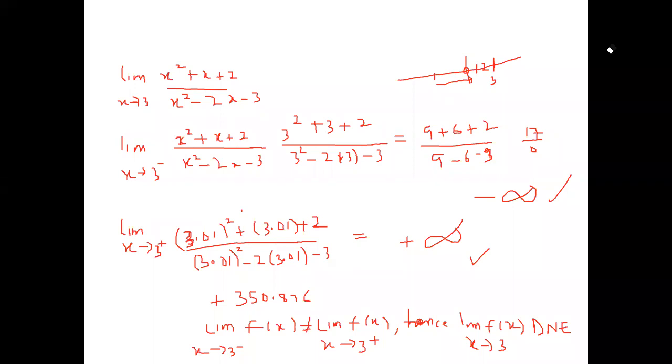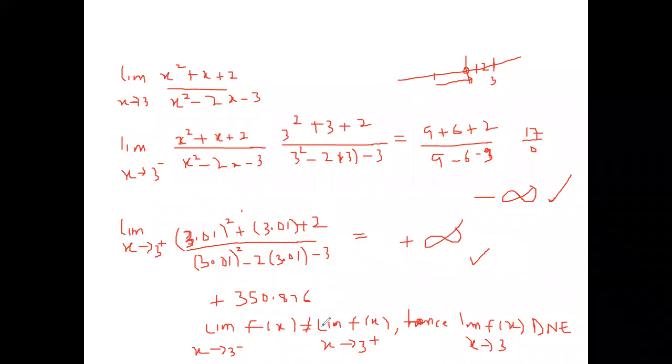I don't know, but I think I was muted along the line, so let me do this again. The limit as you obtained was positive 350.876. And we are saying that if we were to put exactly 3, then we'll get a positive infinity. That suggests to us that the limit on the left, which is negative infinity, is not equal to the limit on the right, which is positive infinity.